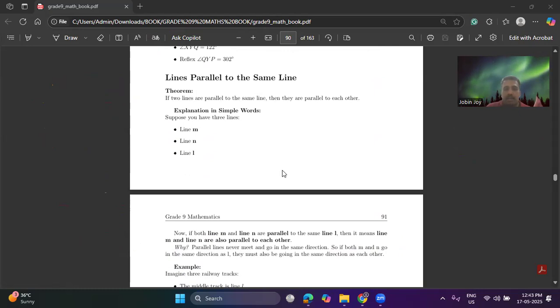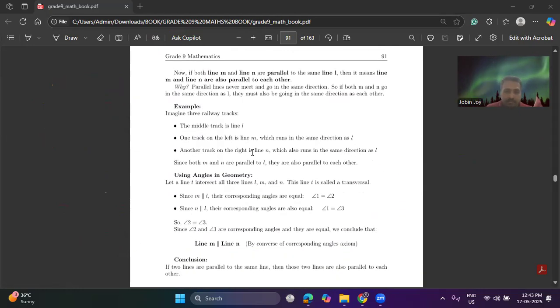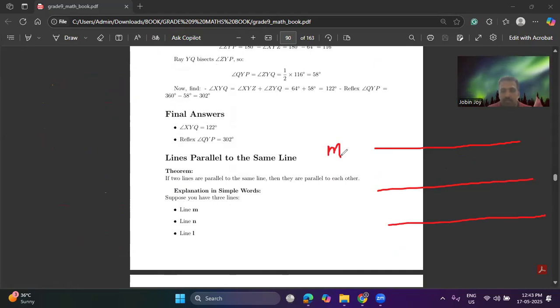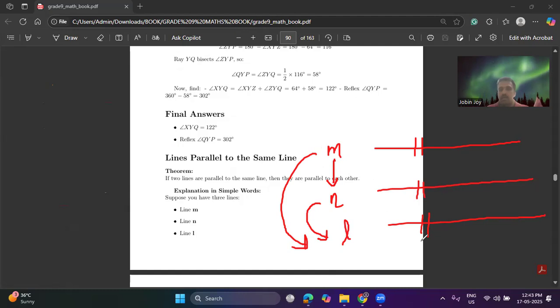Okay. Next is lines parallel to the same line. For example, if we have three lines like this, lines M, N, L. If M is parallel to L and N is parallel to L, then of course M will be parallel to N. That is lines parallel to the same line.